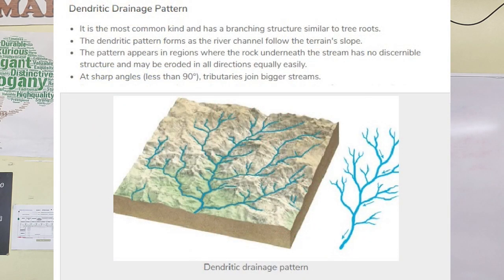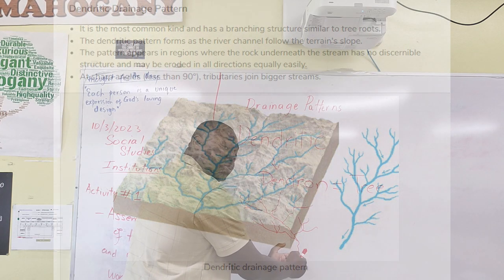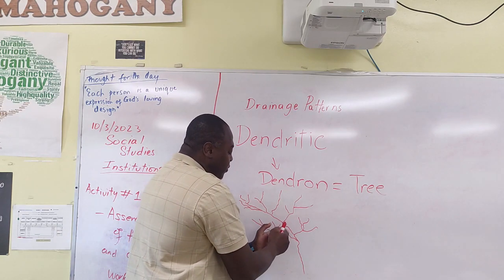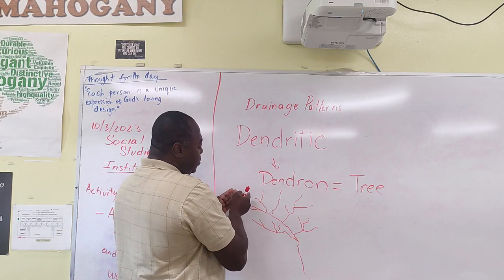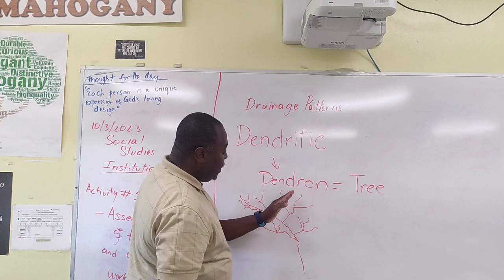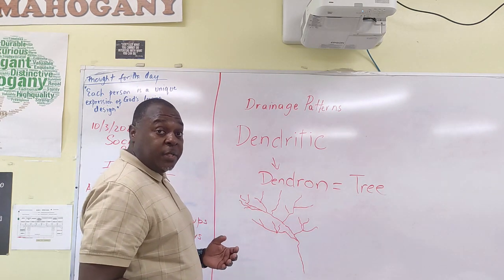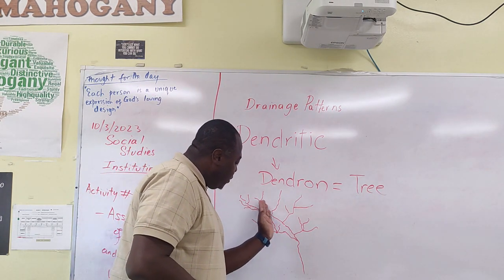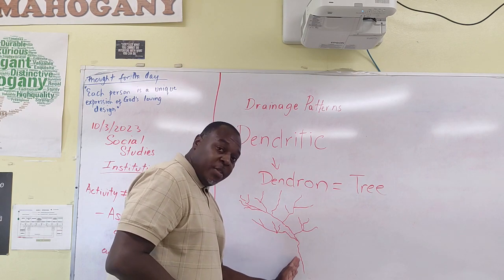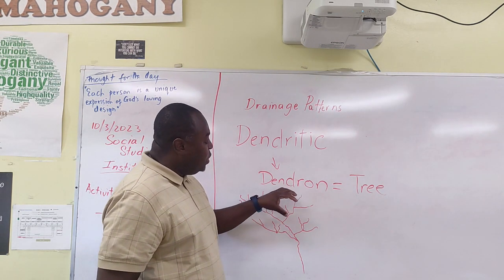Rivers, the streams, they're coming from all around, and they're flowing into the main river. Now these smaller areas, they are known as tributaries. So this would be the main river, and these would be tributaries.